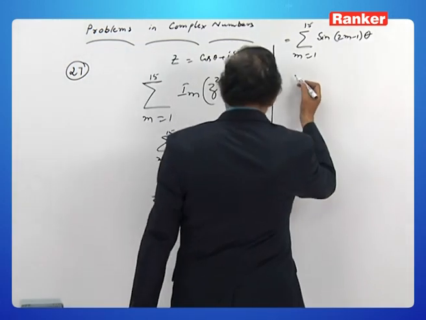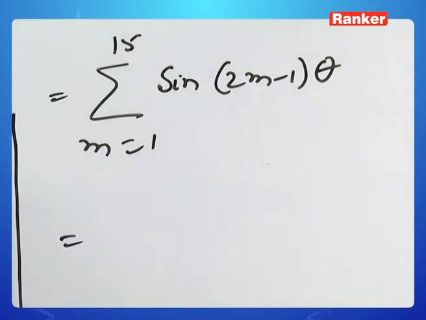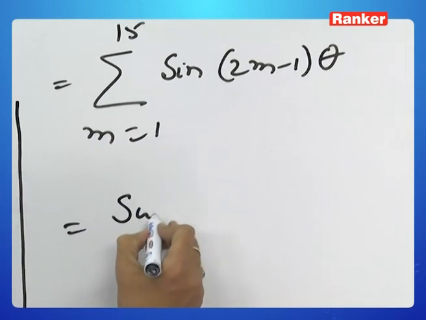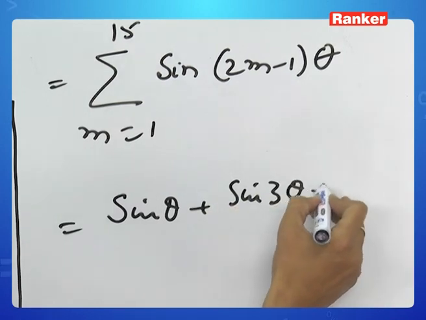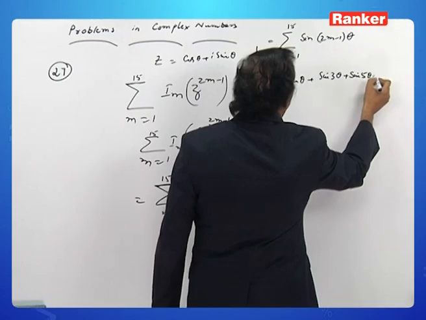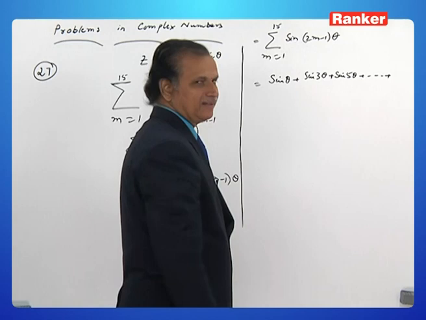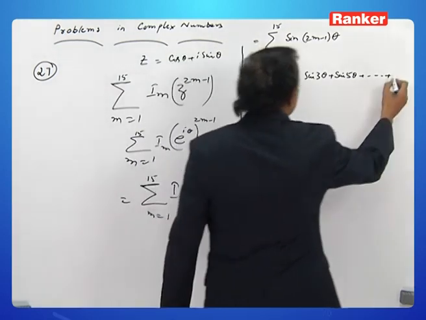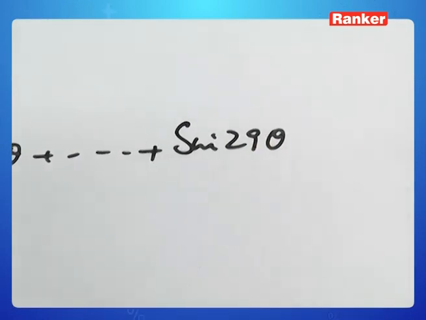What happens? If you take 1 to one side, 2 minus 1 is 1, this is just sin theta plus sin 3 theta plus sin 5 theta plus sin 7 theta and so on. The 15th term: 2 15s are 30, 30 minus 1 is 29. Of course, the last term is sin 29 theta.